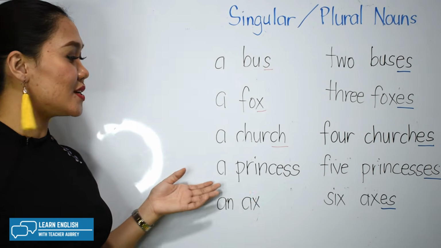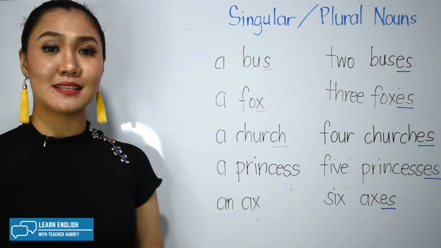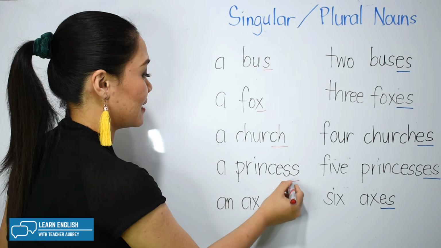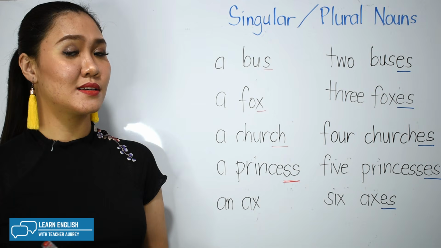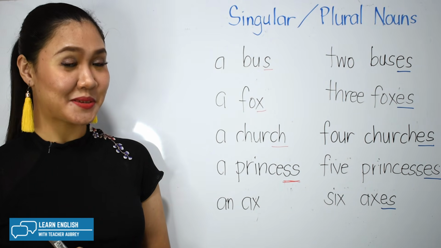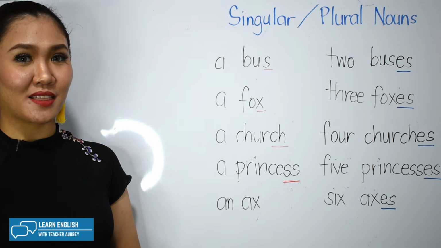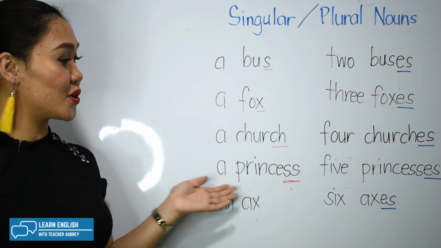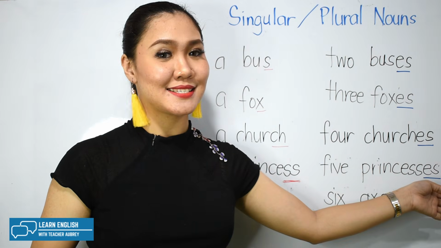Next is a princess. All nouns that end in SS, such as princess, dress, we have to add an es to make them plural. So a princess becomes five princesses.